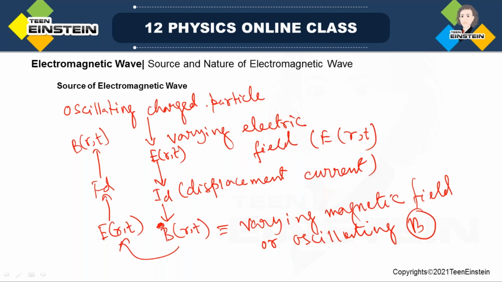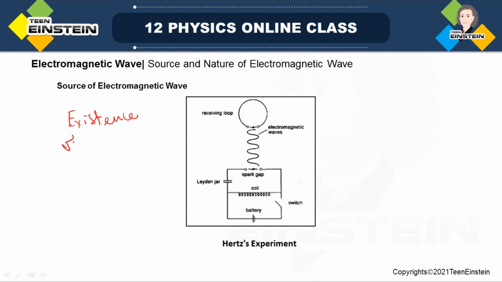Hertz is the first scientist who proved the existence of electromagnetic wave, which is abbreviated as EM wave. Today we'll just learn the nature of the electromagnetic wave.